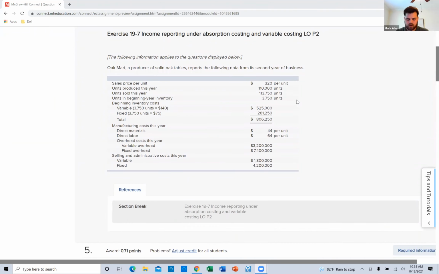So under absorption costing, what do you think? Do you think absorption costing income will be greater than 7,895,000 or less than 7,895,000? I'll give you a second to think that through, and then I'll explain why it is what it is in just a moment. I want to give you just a second as you watch us to consider what we're about to do and think, which one should give me greater income?